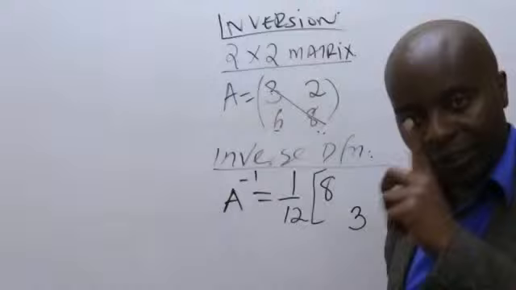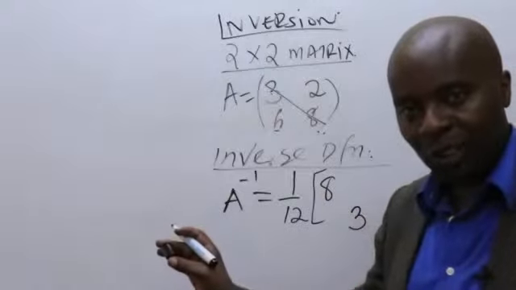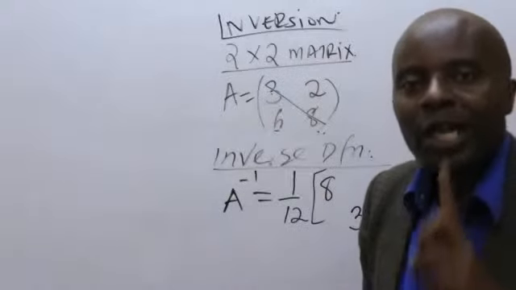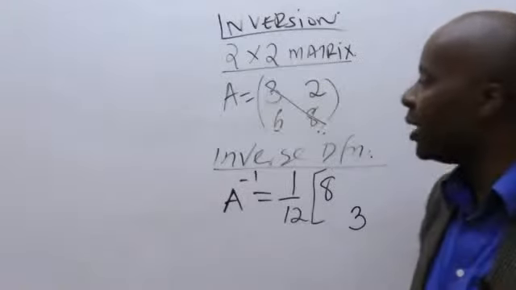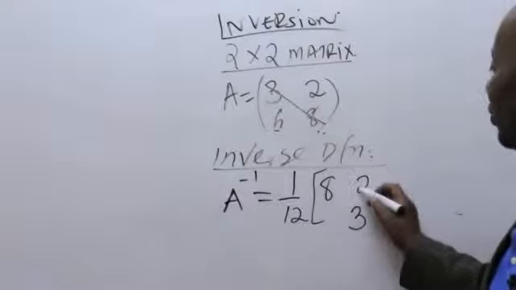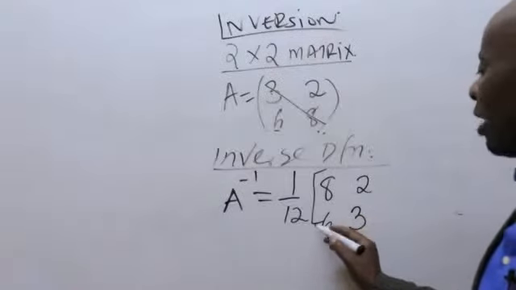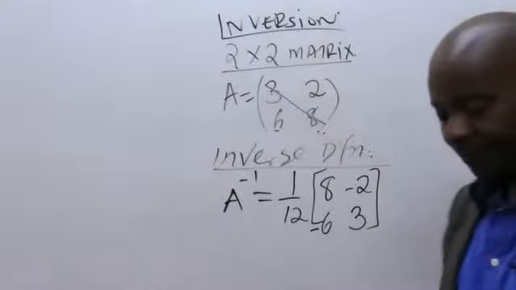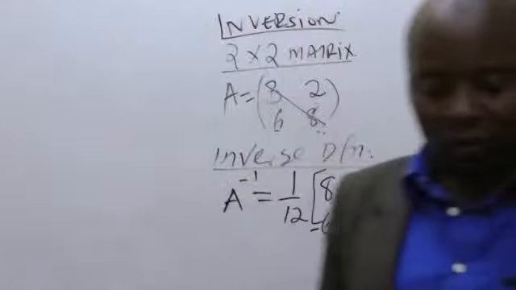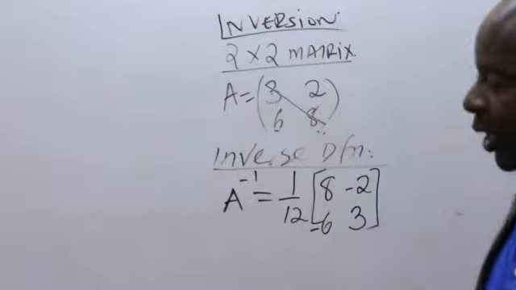We leave them where they are, 2 and 6, but change the signs. They were positives, now they become negatives, like that.